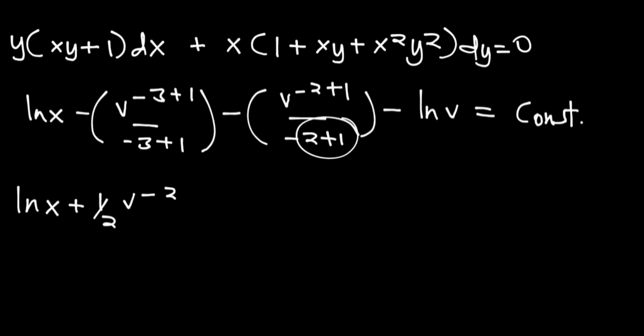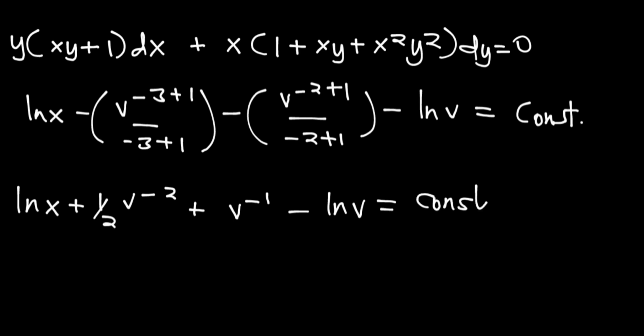And here also we're going to have a canceling. So this should be a plus, and this will be v raised to the power of negative 1. And this is minus ln v. On this side, we're going to have a simple constant.